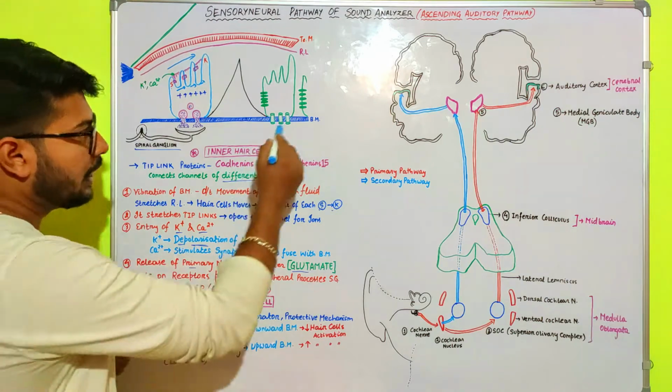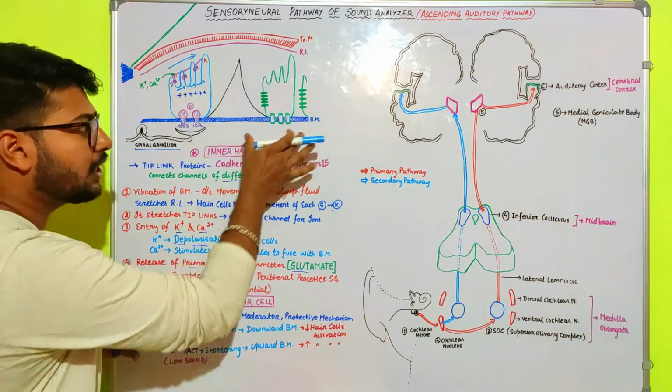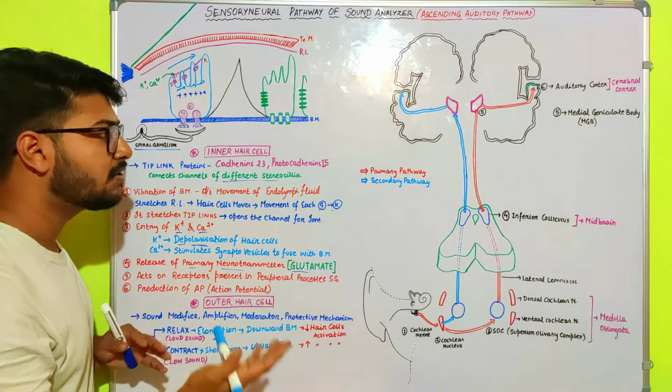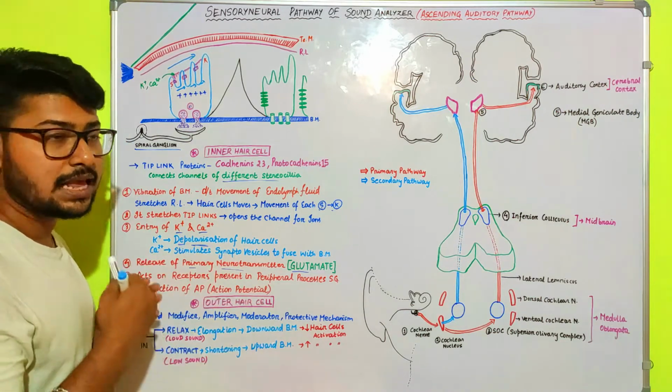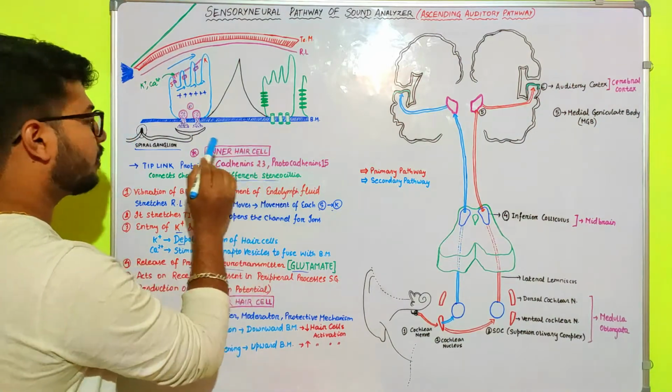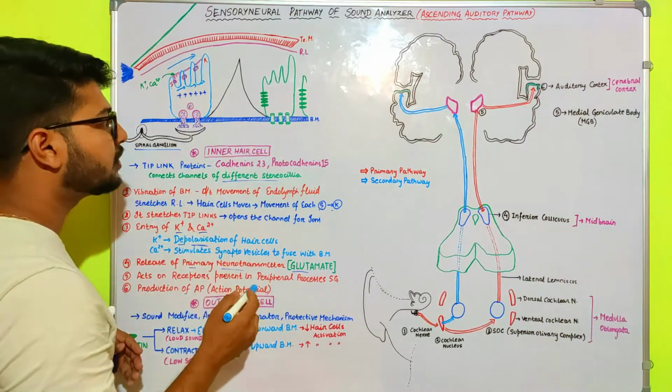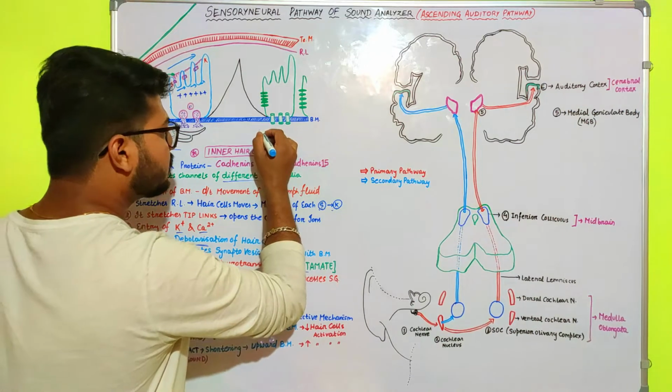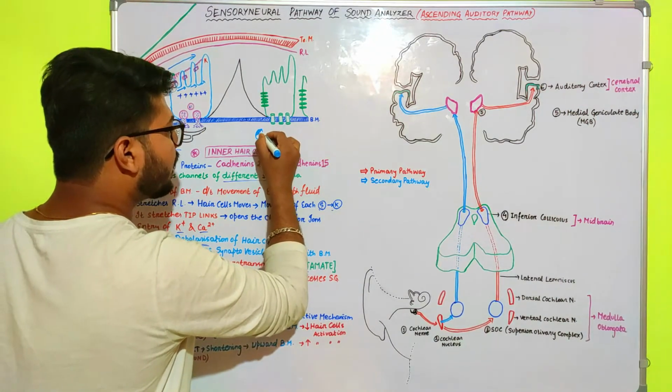How? These outer hair cells have more efferent fibers rather than afferent fibers. It means there will be more information sent from the olivocochlear bundle.